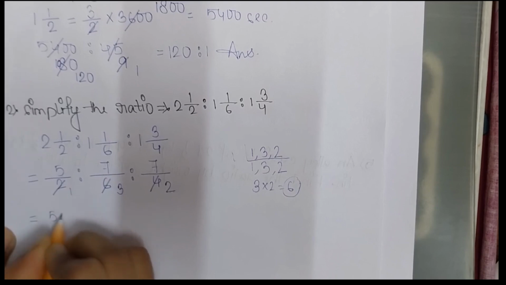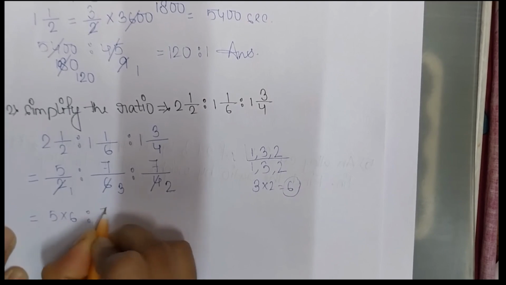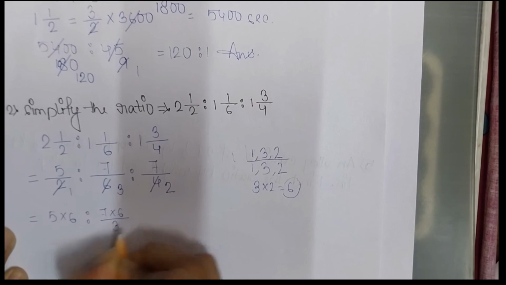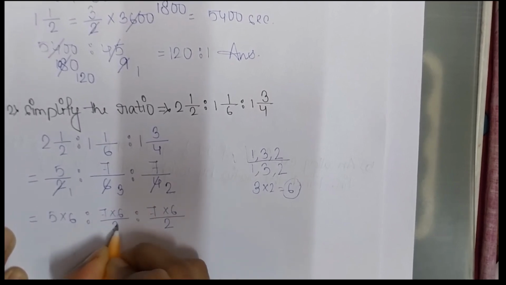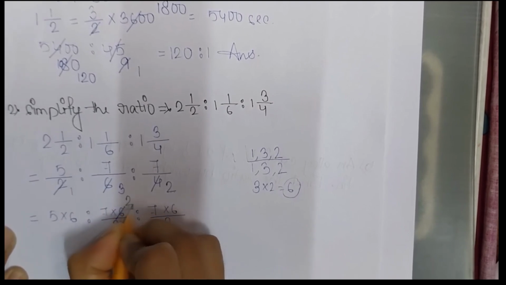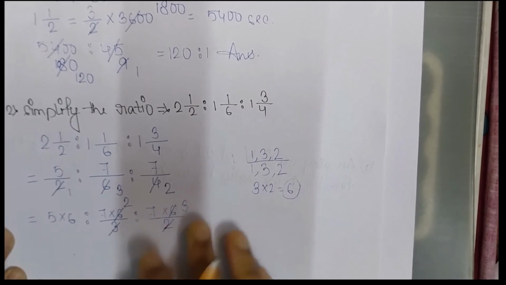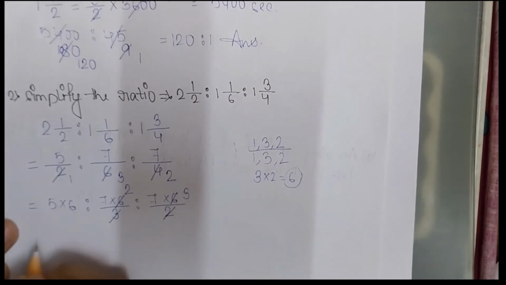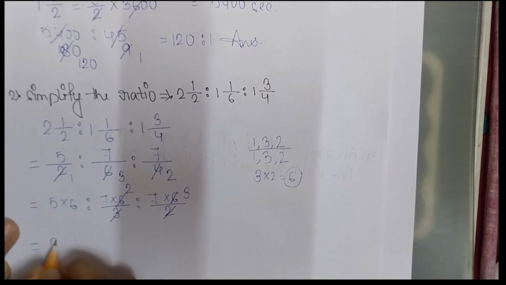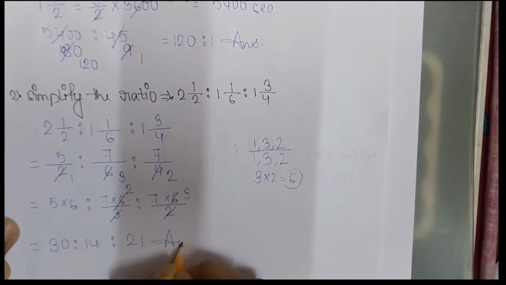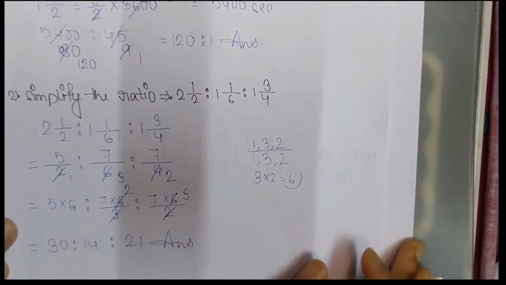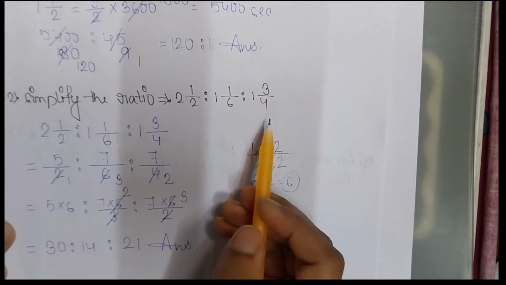So here 5 into 6 is to 7 into 6 by 3 is to 7 into 6 by 2. Here we have to cut the numbers. Now 6 5s are 30, 7 2s are 14 and 7 3s are 21. So this is the simplest form of the given ratio.